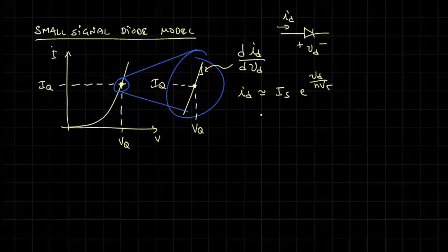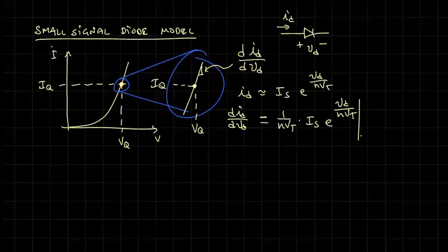That's going to simply give us dID with respect to dVD, and that will give us 1 over N VT, the derivative of VD over N VT, times Is e to the VD over N VT.